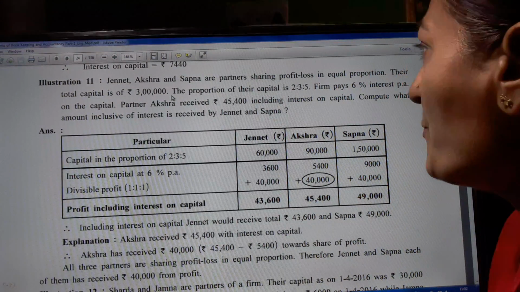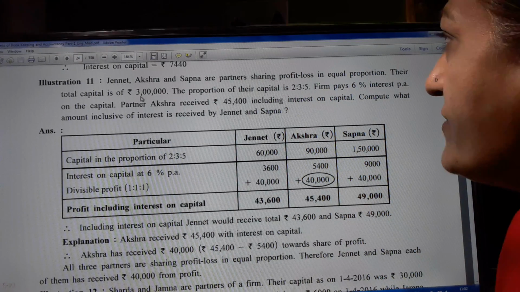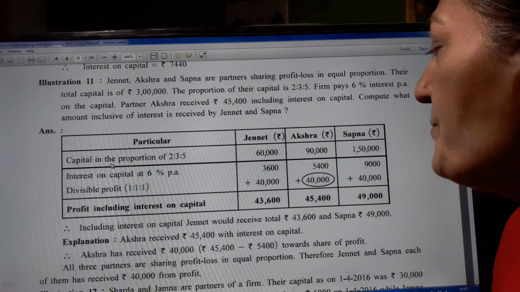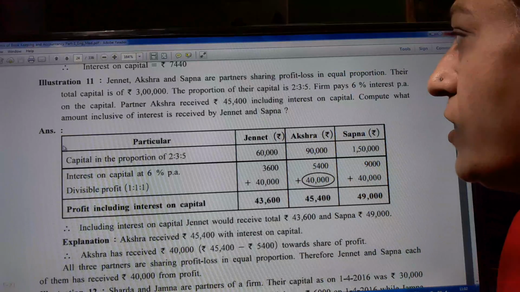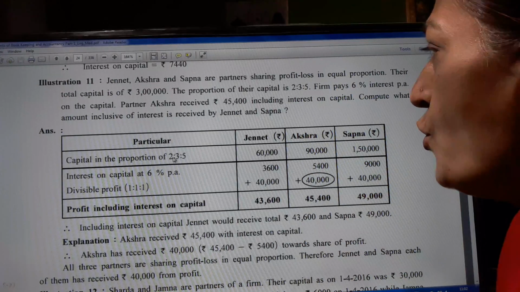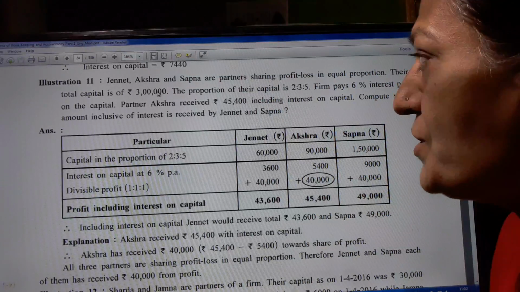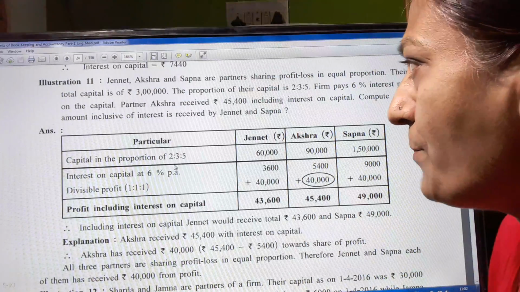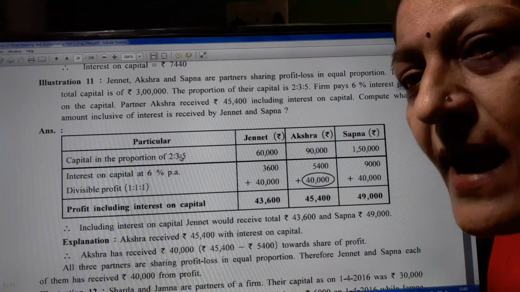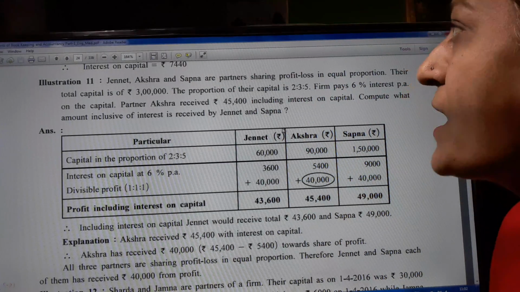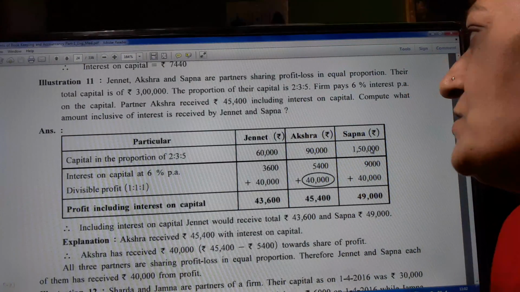So capital in proportion: 3 lakh in 2 plus 3 plus 5 means 2 by 10, 3 by 10 and 5 by 10. So 3 lakh into 2 upon 10, then we get 60,000. Afterward 3 lakh into 3 by 10, then we get 90,000. And 3 lakh into 5 upon 10, then we get 1,50,000.